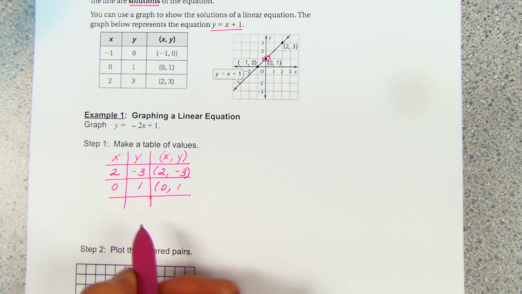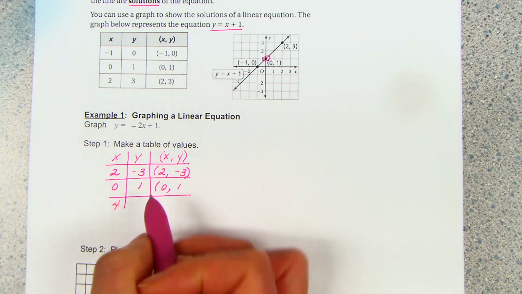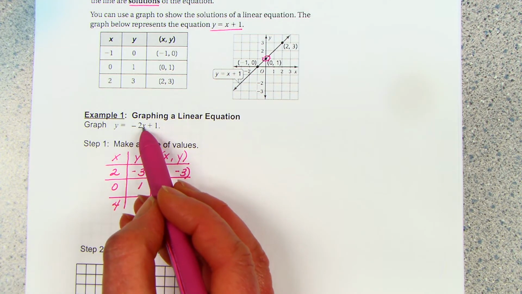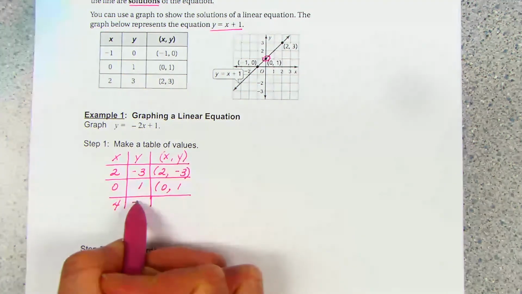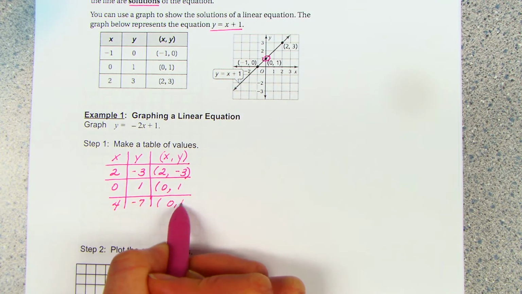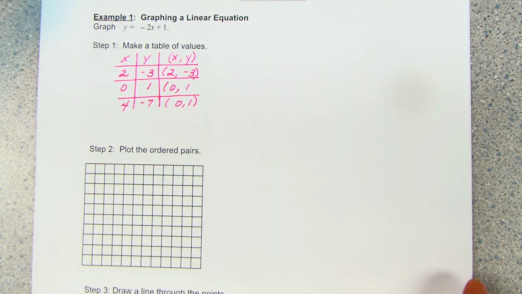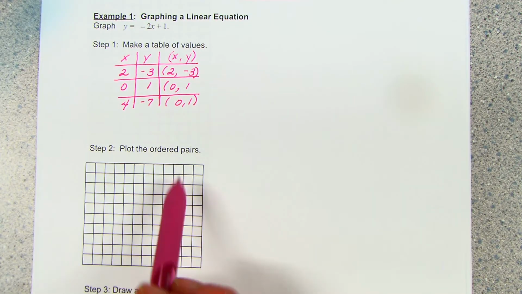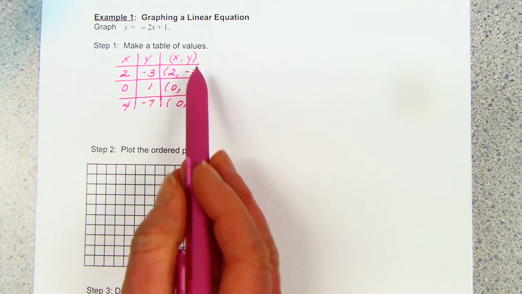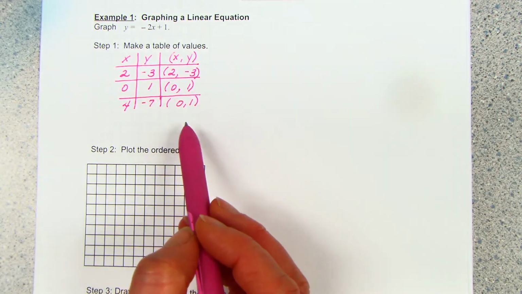I'm going to choose, let's do 4. All right. If I substitute in 4, I've got -2 times 4 is -8, plus 1 is -7, and I've got 4, -7. All right, so here's the other little guess and check thing. Once you have these numbers, you kind of have to look at the numbers to see what quadrant your line is going in.